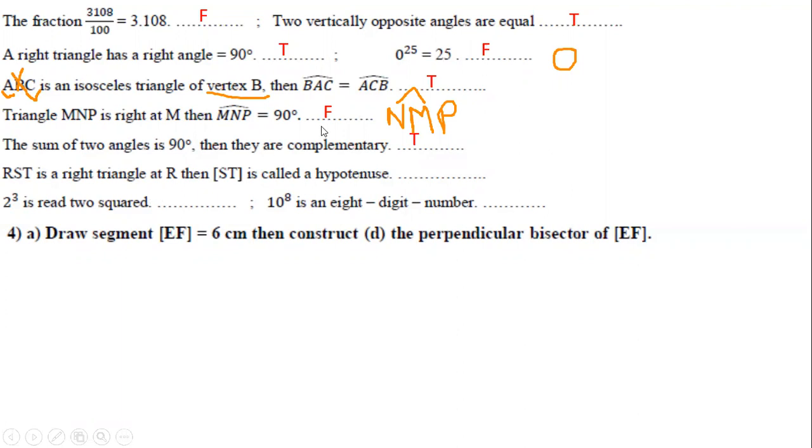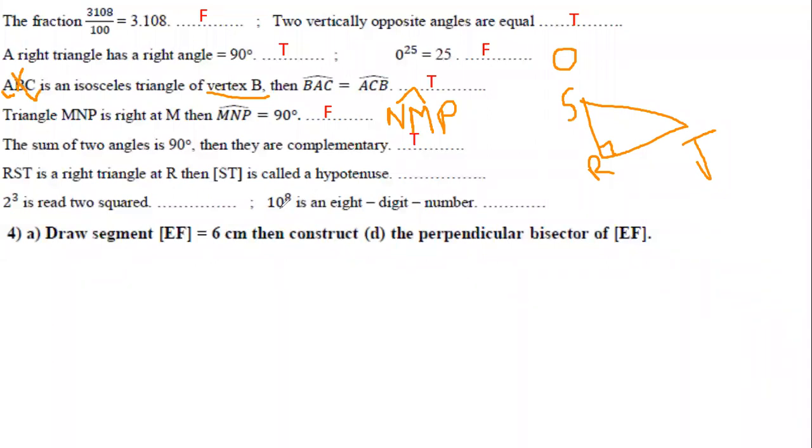Yes. We have triangle RST. It is right at vertex R. So the right angle is at vertex R. The name of the triangle is RST. Do you see the figure in front of you, Hassan? Yes.